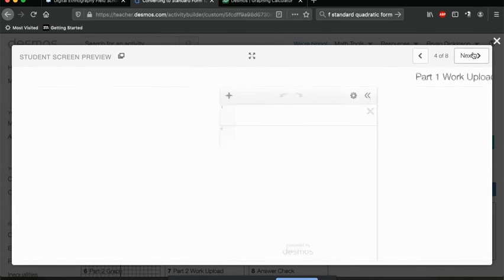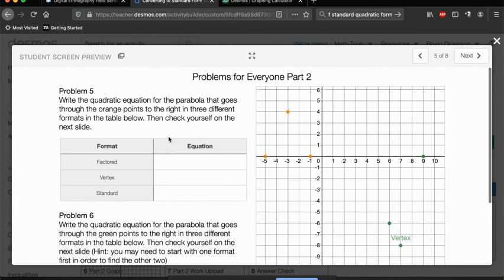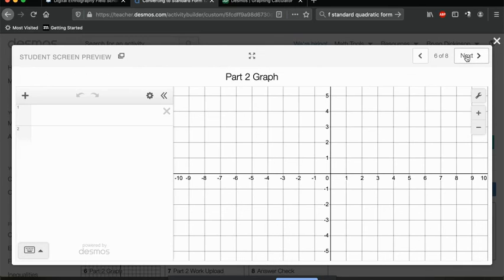And then you're going to have 2 more problems on top of that, where I simply want you to come up with 3 versions of a quadratic equation that go through the points given. So you should be able to write something in factored form, vertex form, and standard form. And for these, type them in, and then you've got a graph that you can use to check on the next slide.